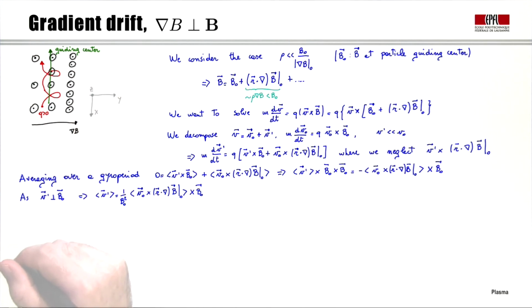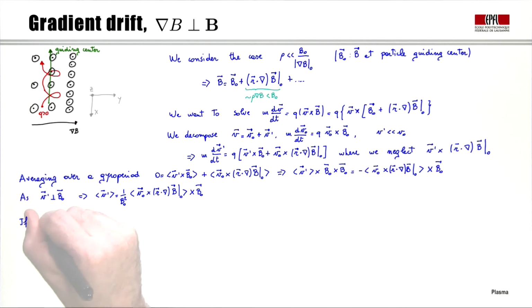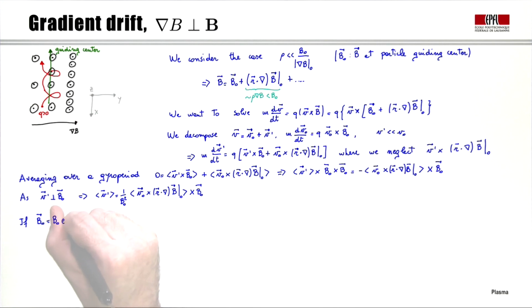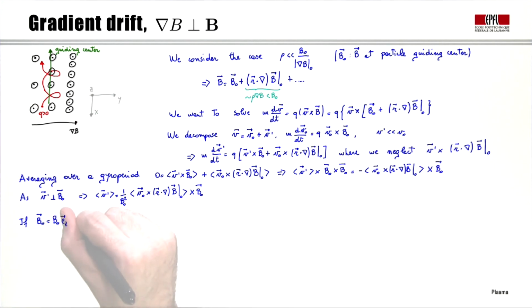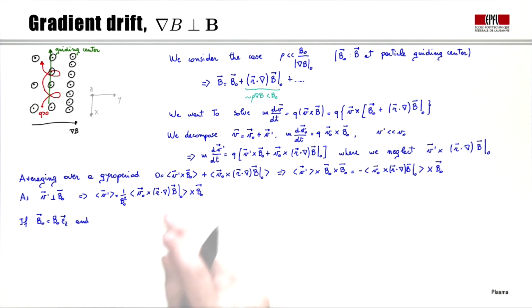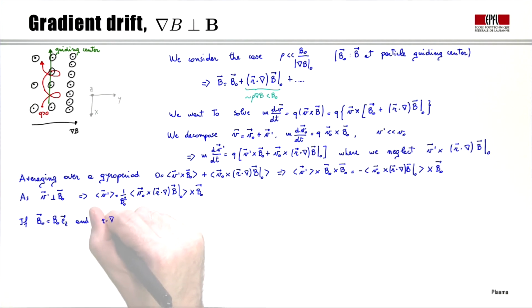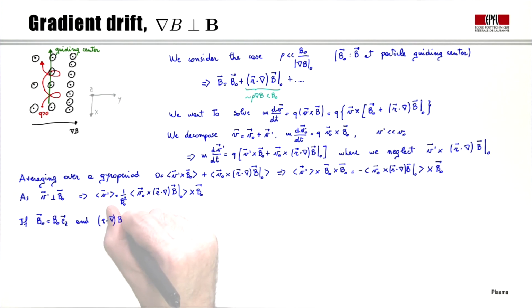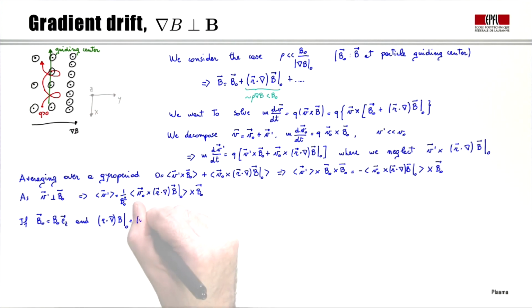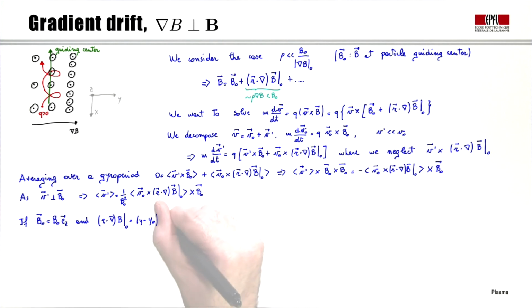Therefore, B0 is equal to B0 ez, as it is in the z direction, and similarly this term here, V cross r dot grad B, is in the z direction, more precisely.